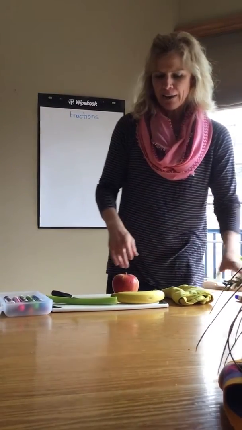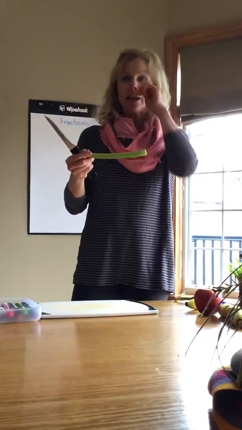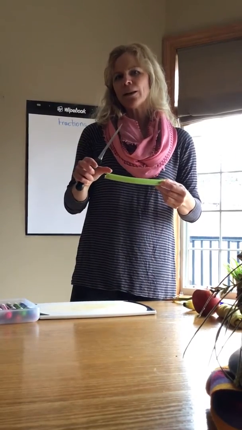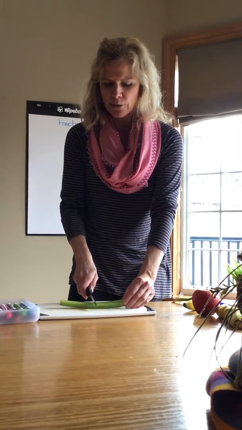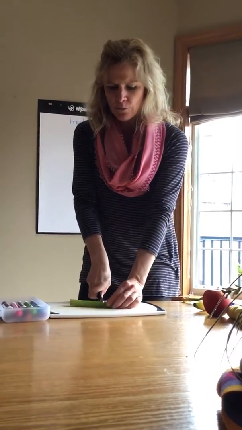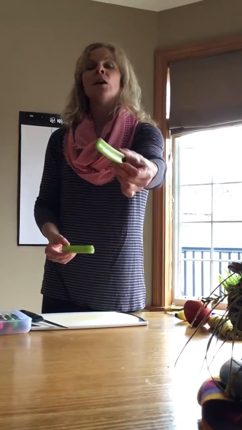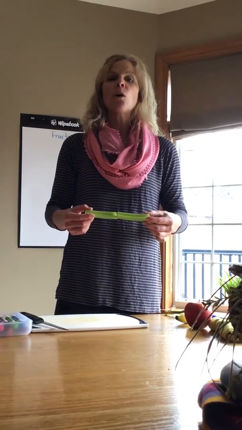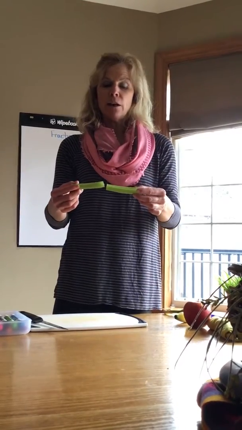So if I have a whole piece of celery and I cut it into parts, the key word in that is equal. So if I take that piece of celery and I cut it into two equal parts, and if I offered you a piece, you'd say I was offering you one of the two equal parts, or you'd say I was offering you half of the entire piece of celery.